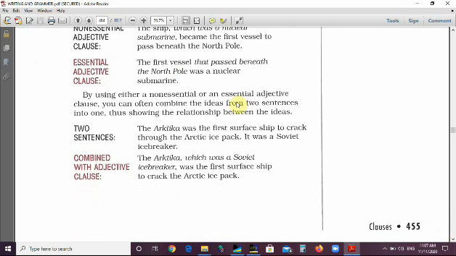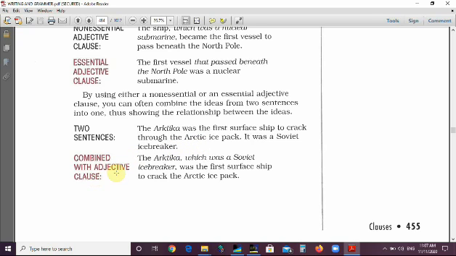By using either a non-essential or an essential adjective clause, you can often combine the ideas from two sentences into one, thus showing the relationship between the ideas. We have an example here. The Arctica was the first surface ship to crack through the Arctic ice pack. It was a Soviet icebreaker.